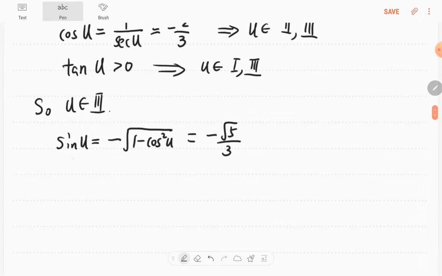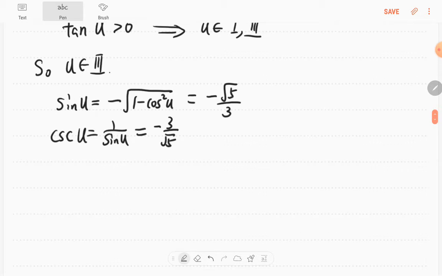Since we have the sine, we can calculate the cosecant u, which is 1 over sine, so this would be negative 3/5. Then we have the tangent.